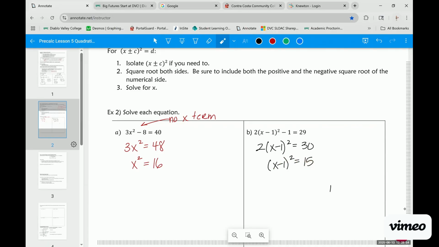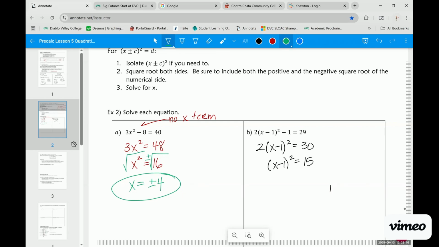So I can get the thing that's being squared isolated first, and then I'm going to utilize this property that says when I take the square root of both sides, I need to make sure I keep plus minus in front of the number side so that I have both of my possible solutions.